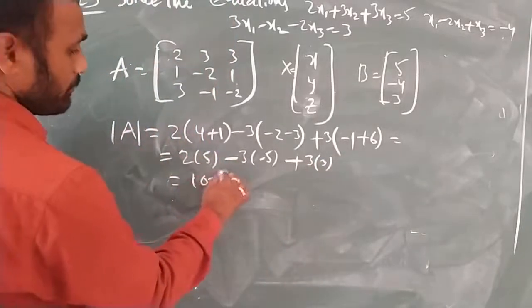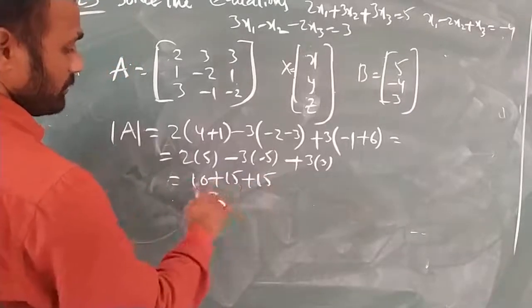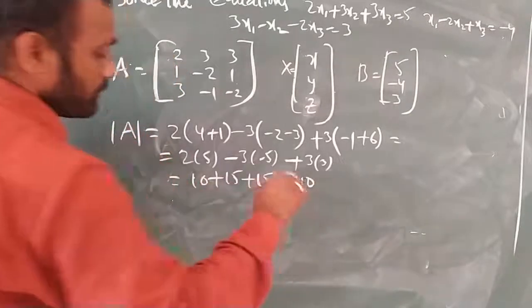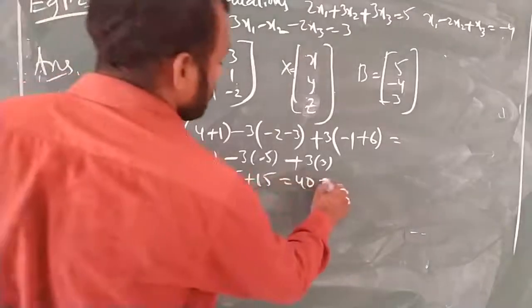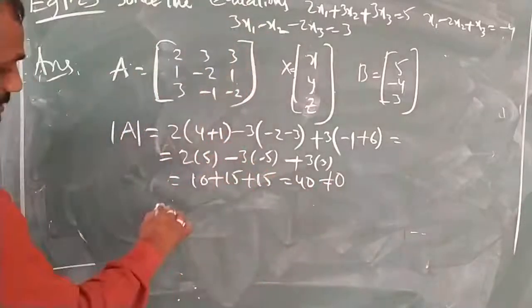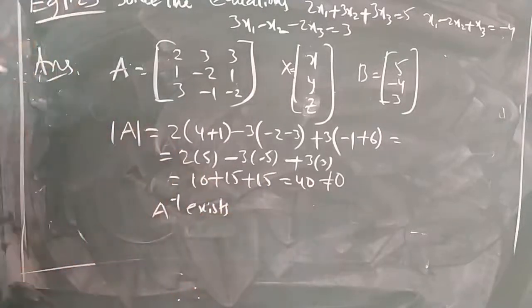So 10 plus 15 plus 15, which is 40. The determinant value is 40, which is not equal to 0. So definitely A inverse is going to exist.